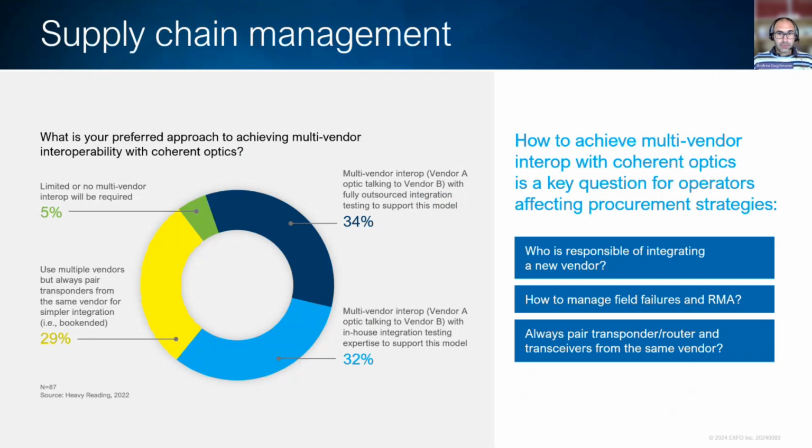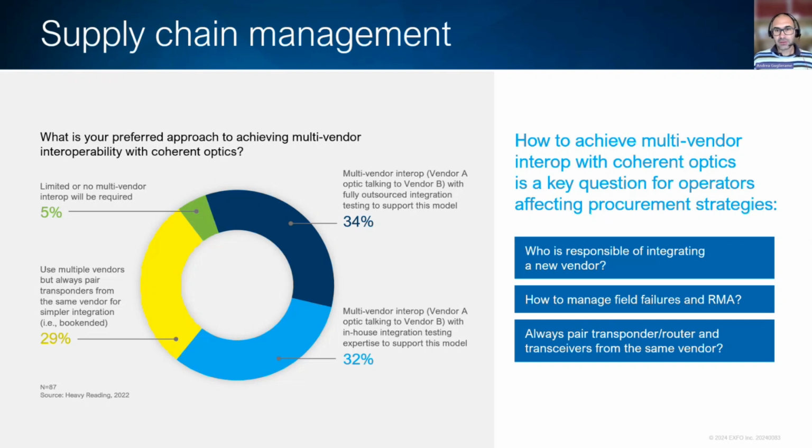So please, Andrea. Thank you, Juergen, for going through all the different interoperability levels. But let me address another point, which is supply chain, which is also a very critical aspect. Based on a survey, over 65% of operators who responded say that they want to achieve multi-vendor interoperability.